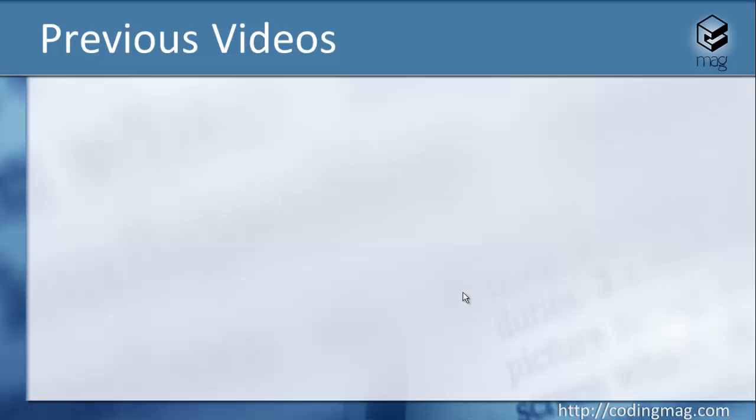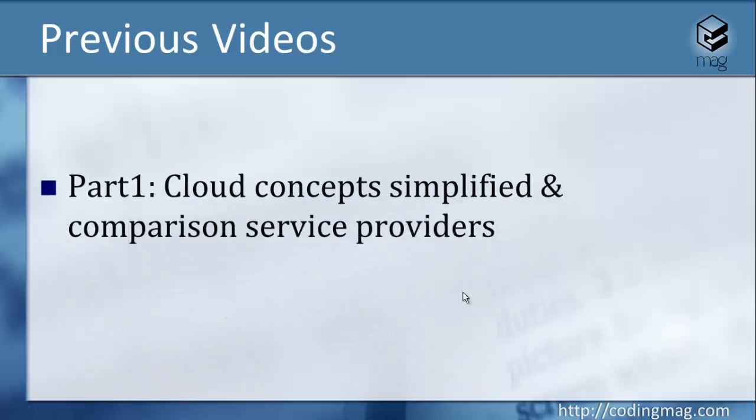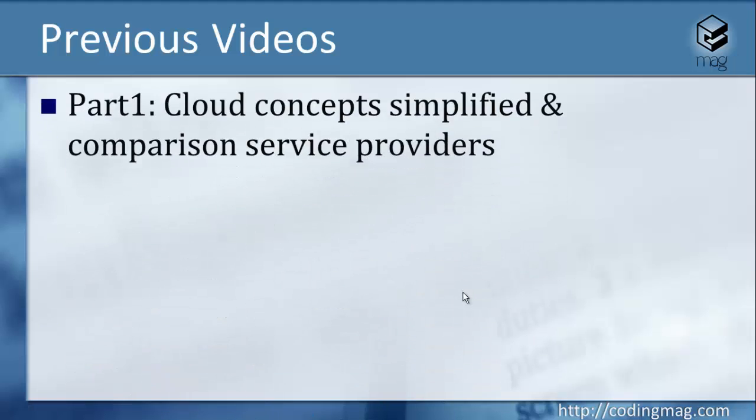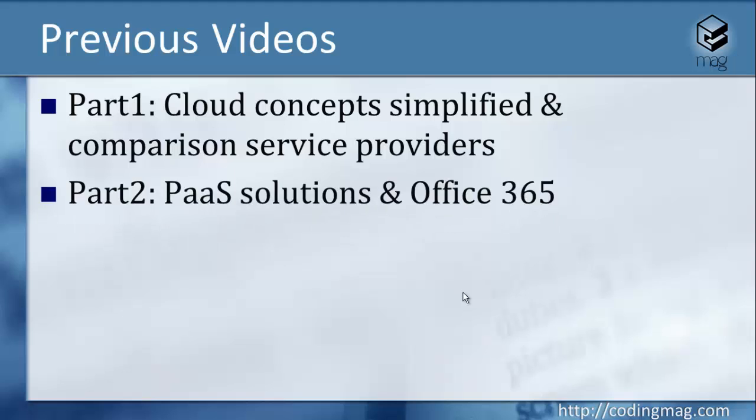So let's have a look at the previous videos. In part one of the video series, I talked about some simplified cloud concepts such as infrastructure as a service, software as a service, and platform as a service, and I made a comparison of some of the cloud service providers.